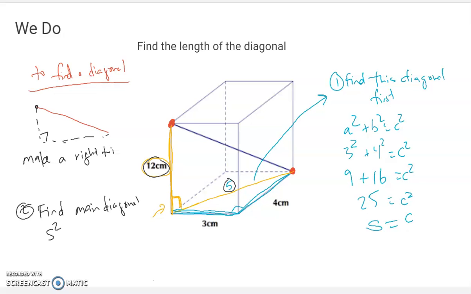So that will be 5 squared plus 12 squared equals c squared. This is another famous Pythagorean triple. 5, 12, this will end up being 13. 3, 4, 5 is a famous right triangle. 5, 12, 13 is too, if you're not used to that yet. 25 plus 144 equals c squared. Those make 169. And the square root of that is 13.